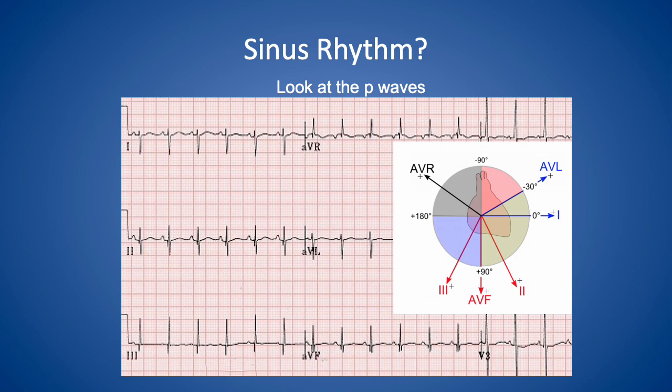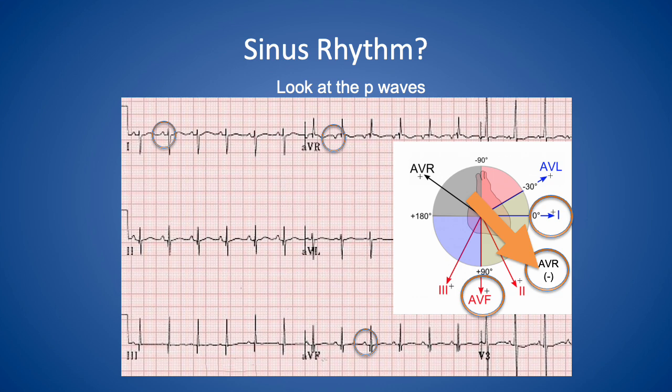Looking at our axis wheel here and at the direction and deflection of the P waves, you can see in lead 1 the P wave is up, in that positive direction, and it's up in AVF, and it's down in AVR. If we look at that wheel, the direction of the SA node going down the atria would be in that direction, where it would be positive in 1 and AVF and negative in AVR.